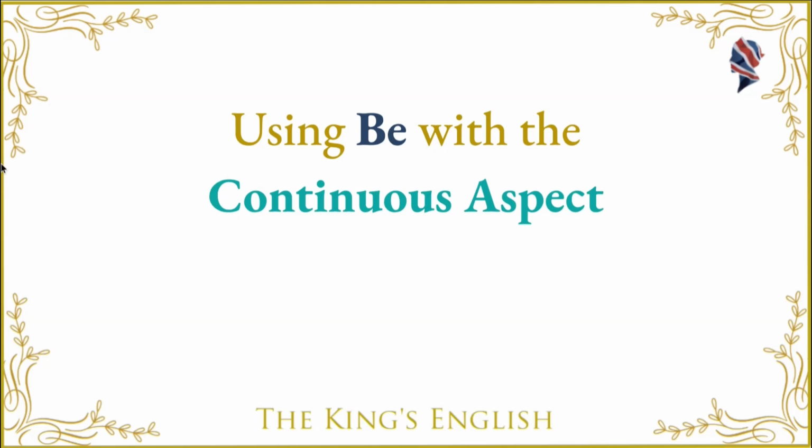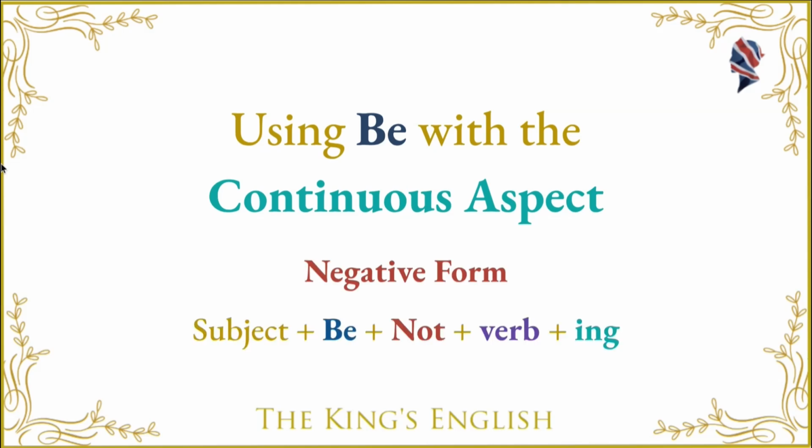We have the two choices. In this case, you can choose which you prefer. Using be with the continuous aspect. Negative form. Subject plus be plus not plus verb plus ing.